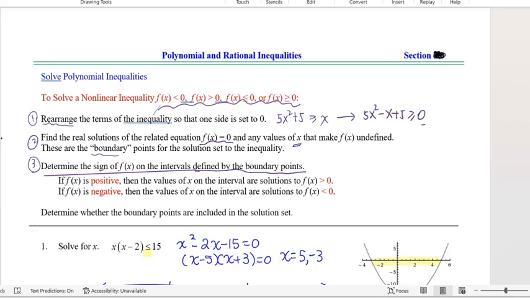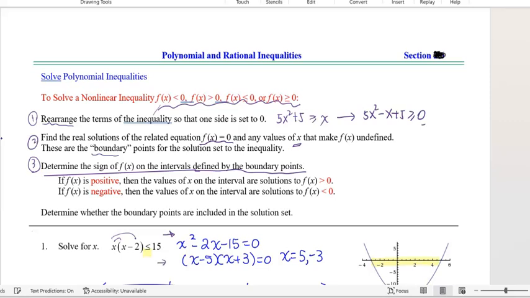Okay, so the first example gave me x squared minus 2x is less than or equal to 15. That means including this point. First of all, as we said, we need to rewrite this so one side becomes 0. So we have x squared minus 2x, move this 15 from right to left, becoming negative 15.